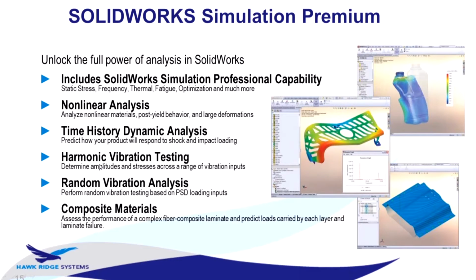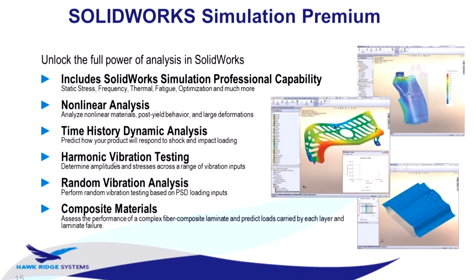Harmonic is pure vibration. I'm going to subject it to vibration of different frequencies. And random vibration is based on an input called a PSD input, power spectral density. It's a good way to characterize a complex vibration signal, like what you experience on an airplane or a ship or in a vehicle traveling down the road.